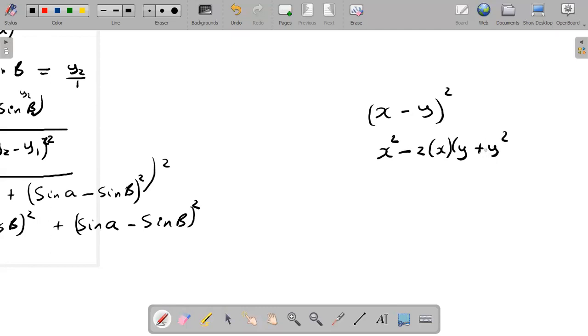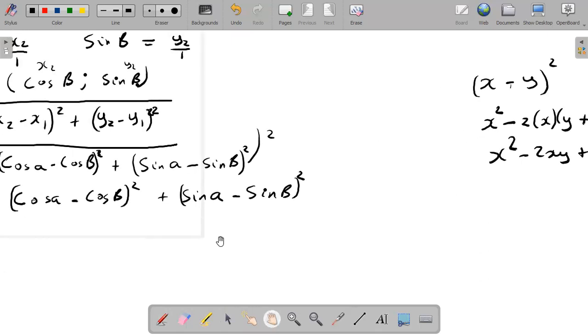It always ends with a positive value here, as it is a perfect square. So we end up having x squared minus 2xy plus y squared. What if it was a positive here? It means also here it was going to be a positive as well. So you just mark that for a negative, it comes out like that. Every other quadratic expression can be expanded by inspection in that way.